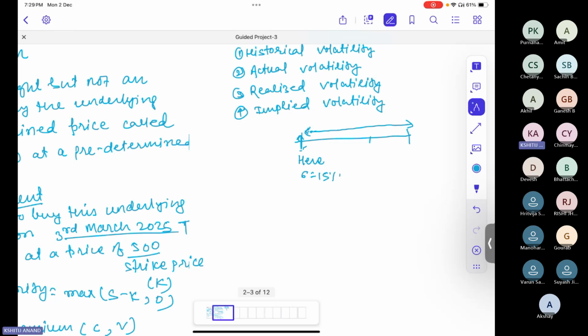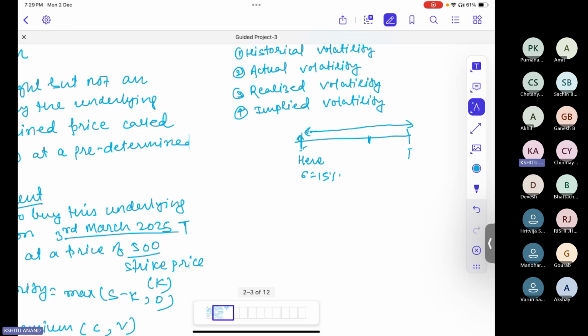Now if this is the maturity period, you look back and say I had entered a value of sigma equal to 15%, now let us track the path of the stock prices and see what the volatility was. That volatility is called the realized volatility. So what was the volatility of the underlying during this time frame? That volatility is the realized volatility.